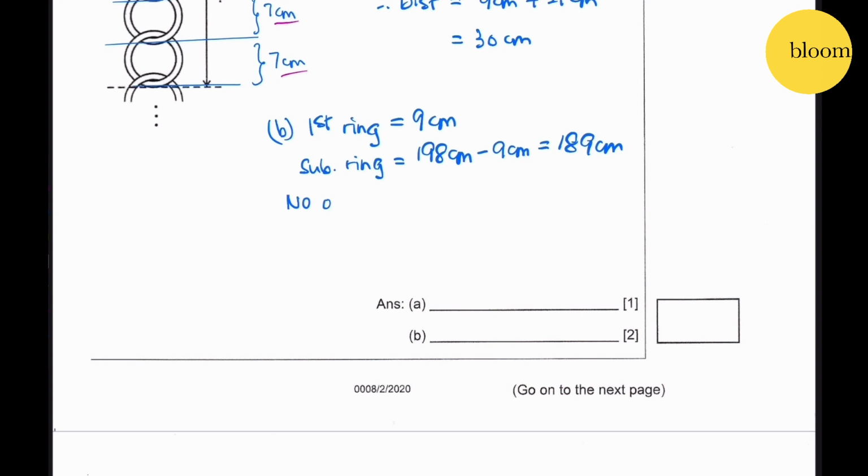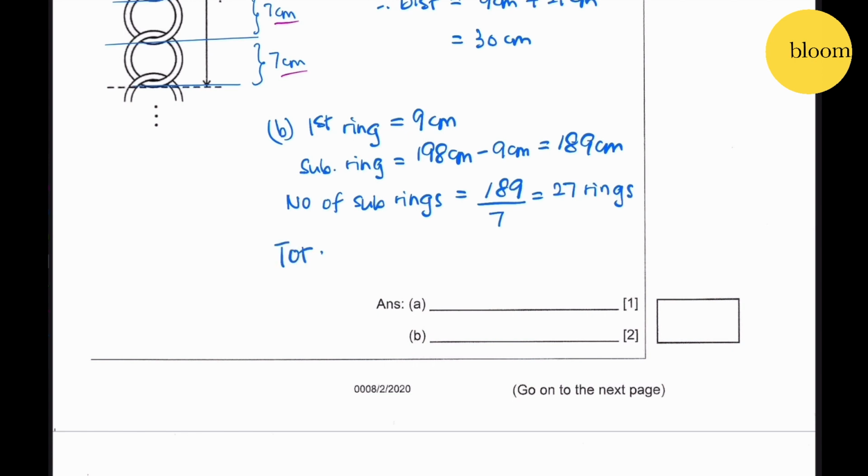Number of subsequent rings equals 189 divided by 7 equals 27 rings.